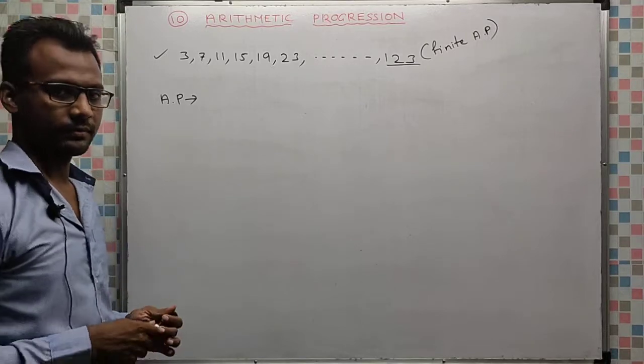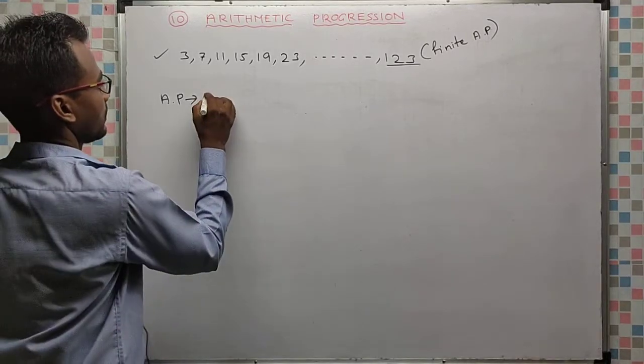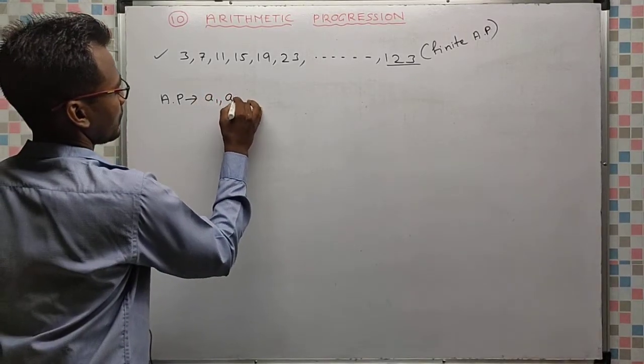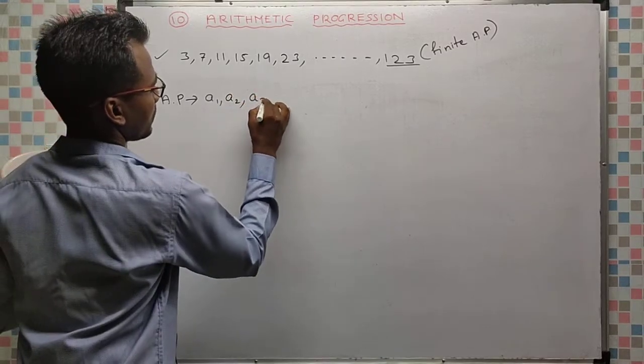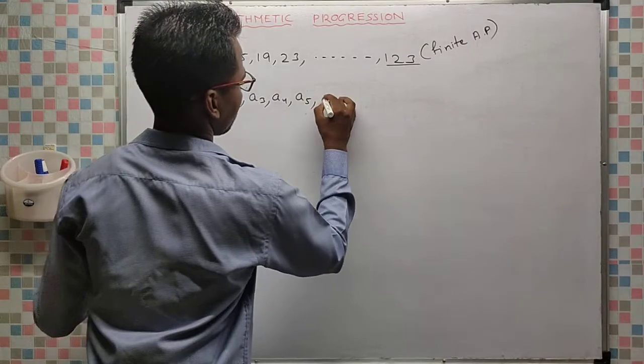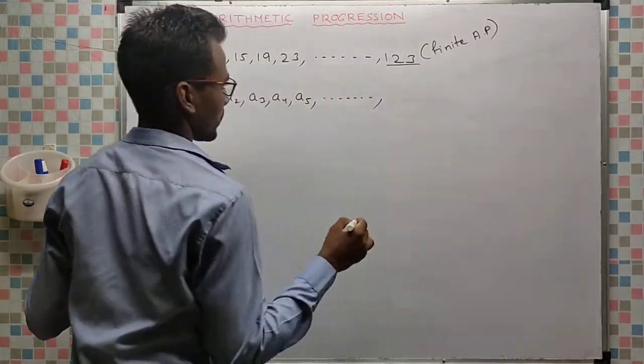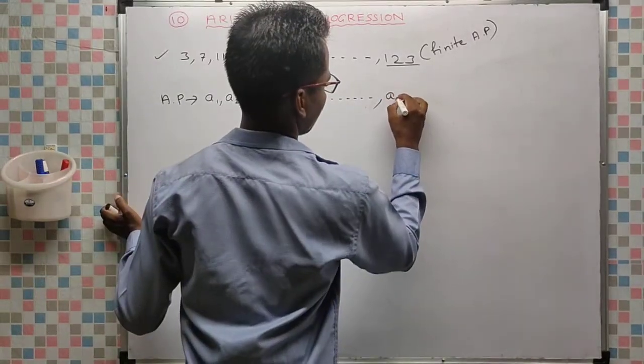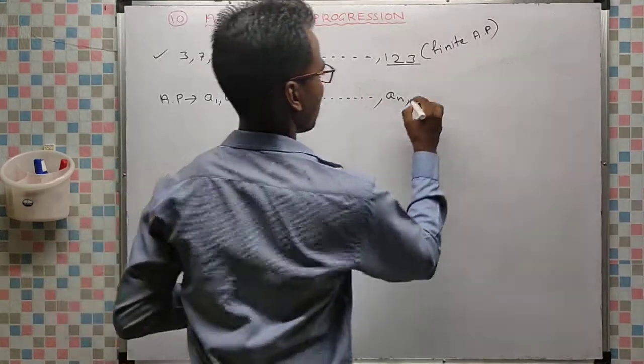Suppose there is an AP, the terms are A1, A2, A3, A4, A5, and the nth term also there.